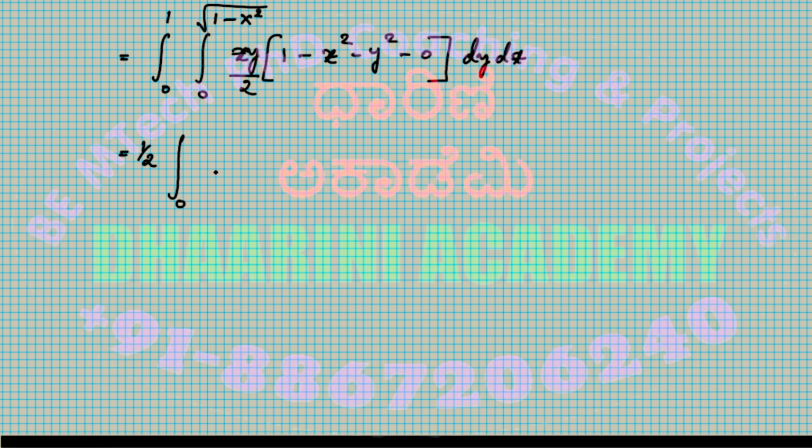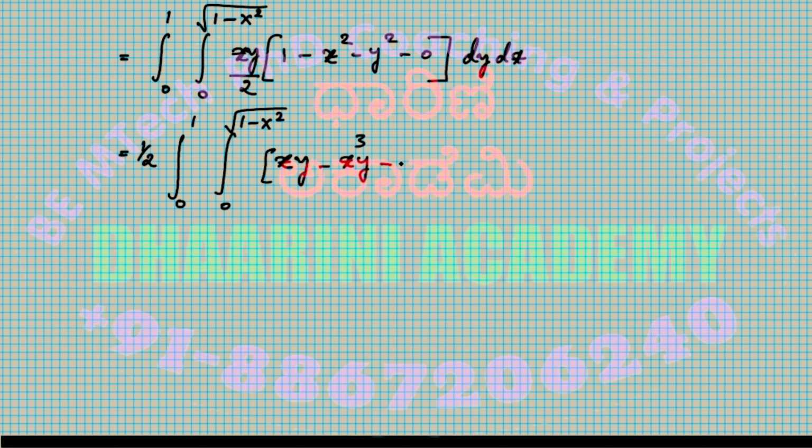So that is integral 0 to 1, right? Integral 0 to root of 1 minus x square. So I will multiply. So the first term is xy minus x cube y.